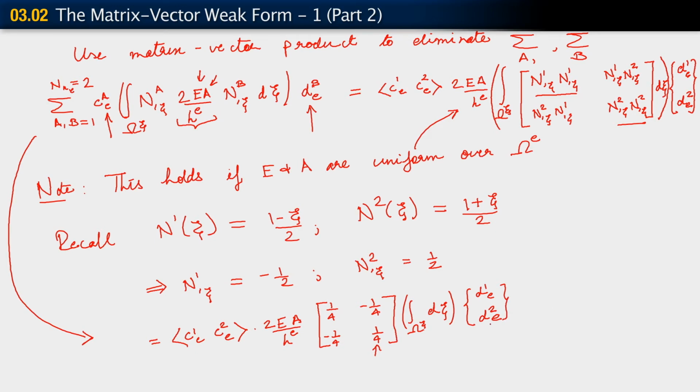Now this is where we are, and what we need to do is evaluate that integral. Now that integral, we realize that omega c in this case, recalling that it's a bi-unit domain. Sorry, let me try to make that look like a straight line. Okay, that's a little better, straight segment.